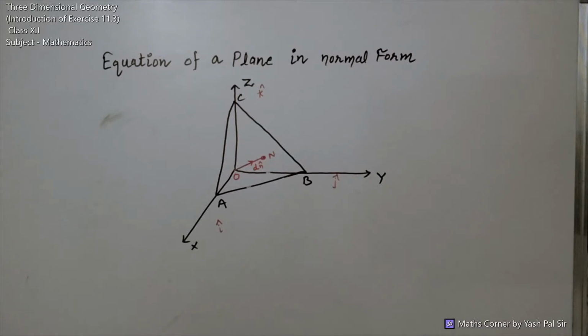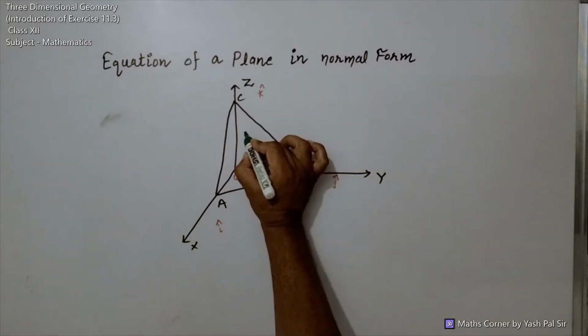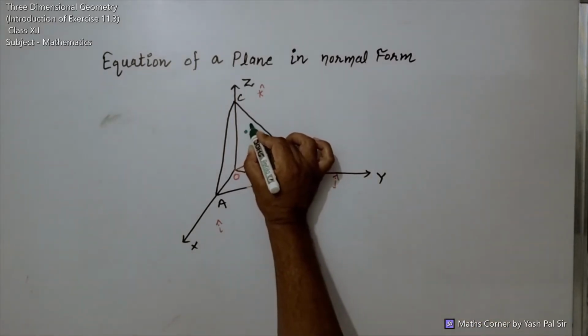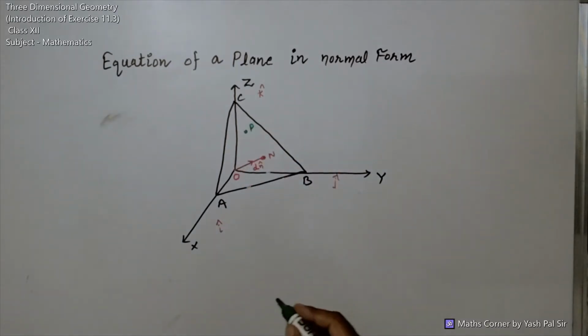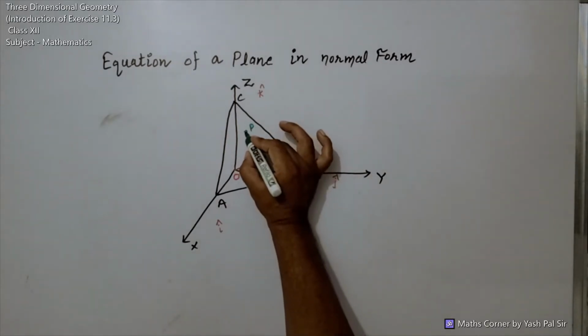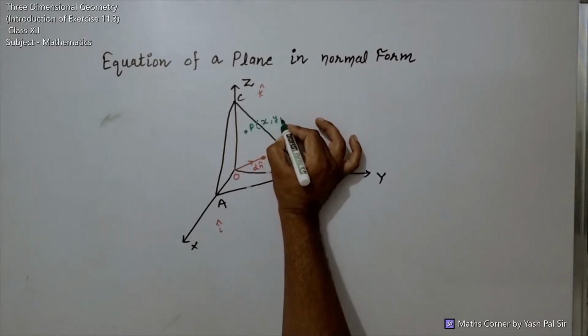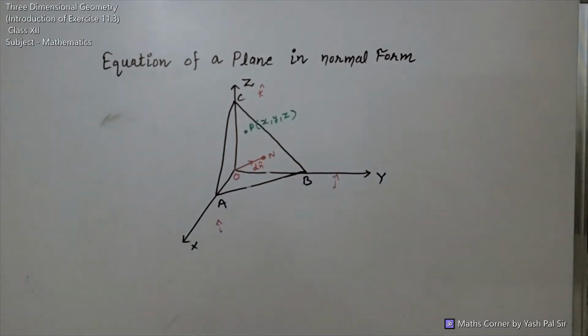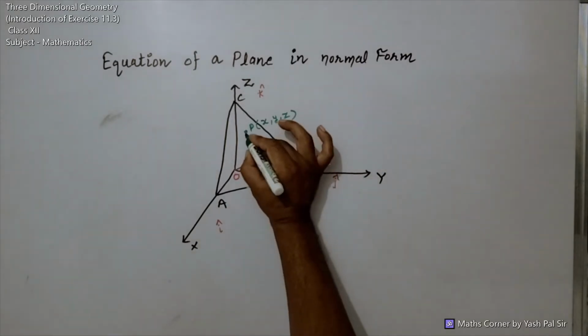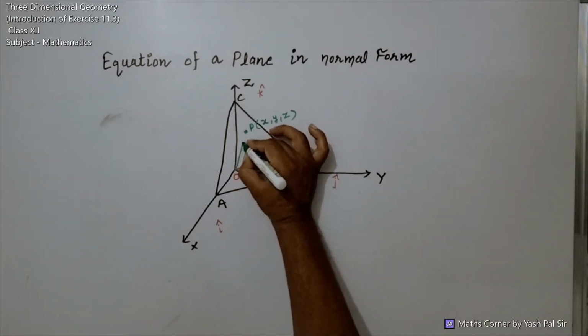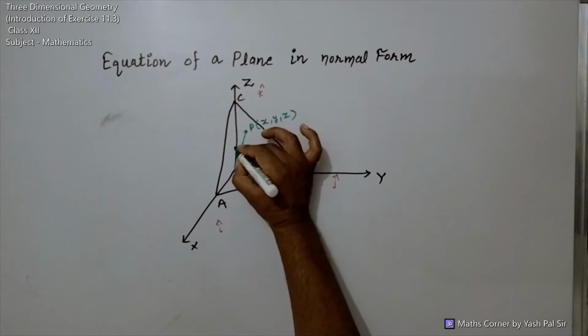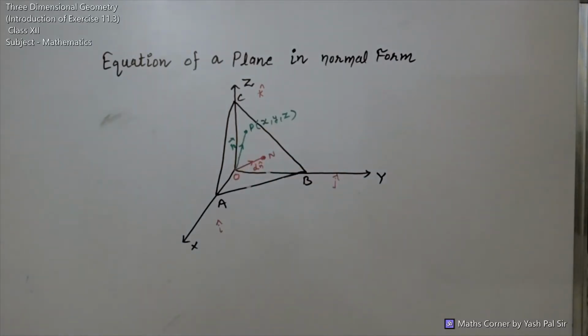Similarly, suppose there is any point P on the plane, right? Now P is any point, its coordinates are x, y, z. Now the position vector of OP is vector r, right?